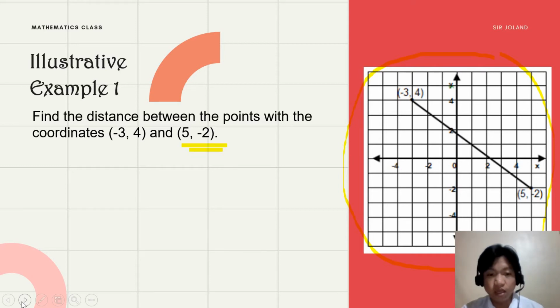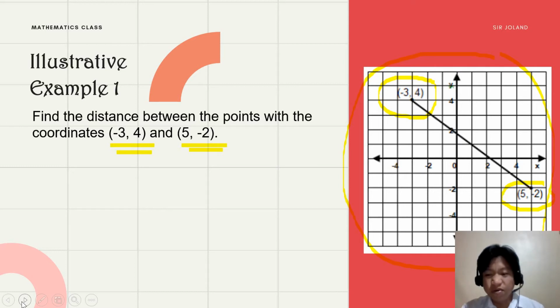So if you're going to locate these points sa ating Cartesian plane, okay, so ito siya. So yung (-3, 4), so nandito siya. Ito yung point na yon, nasa quadrant 2. And then yung second point natin with the coordinates (5, -2) ay nasa quadrant 4.